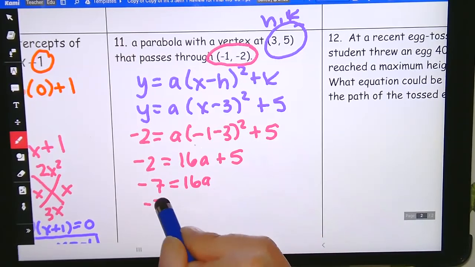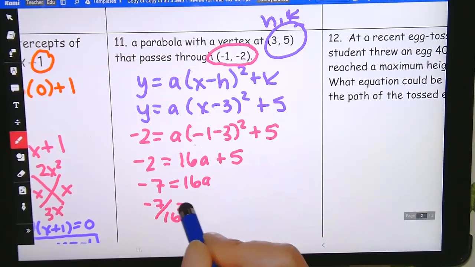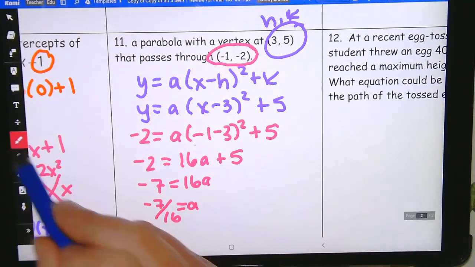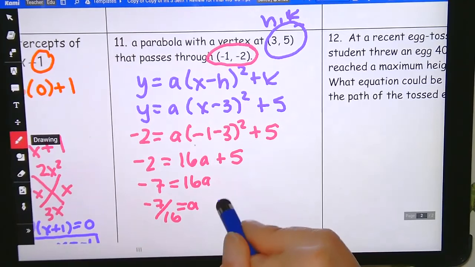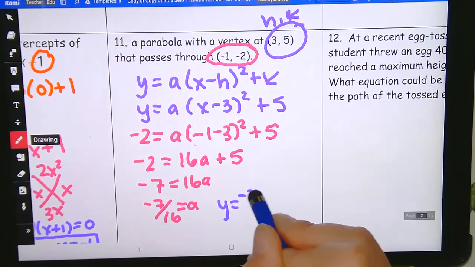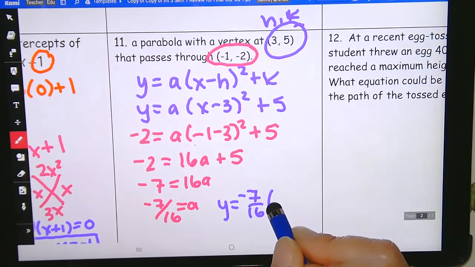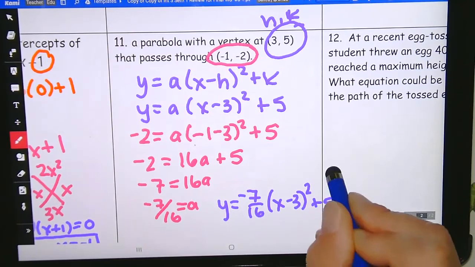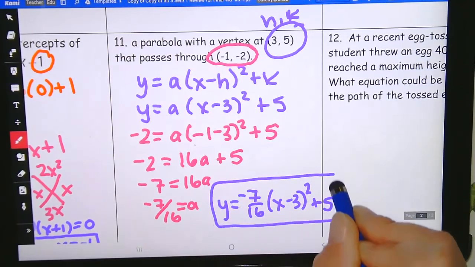So negative 7 over 16 is my a. And then I'm going to write my equation. So my equation is y equals negative 7 over 16 times x minus 3 squared plus 5. That's your equation.